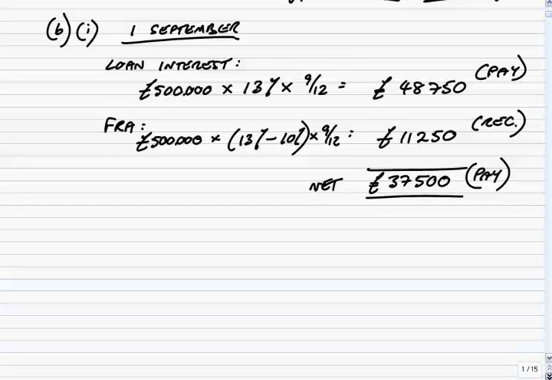However obvious this may be, just something to get in the habit of because of later exercises on futures options where it's perhaps going to be less obvious. If you were asked what the effective interest rate ended up being, well, however obvious it may be, we've ended up paying a net 37,500 on a loan of $500,000.